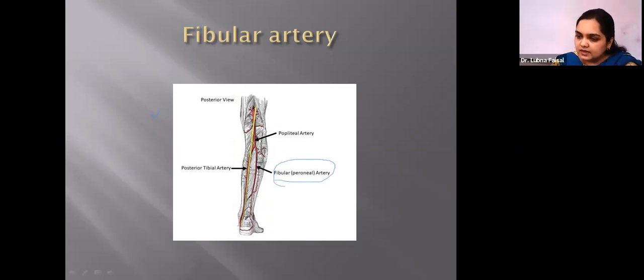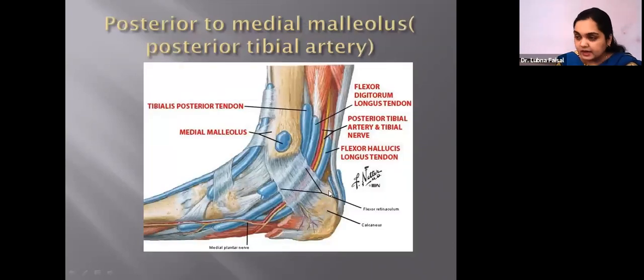You can see in this slide the posterior tibial artery. This artery supplies the muscles of the posterior compartment: gastrocnemius, soleus, plantaris, flexor hallucis longus, flexor digitorum longus, tibialis posterior, and the popliteus muscle.